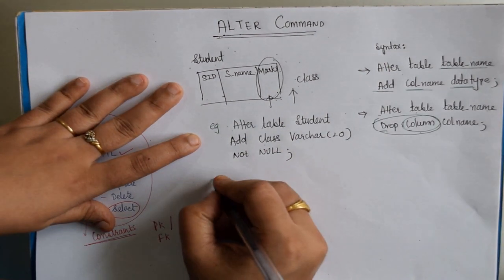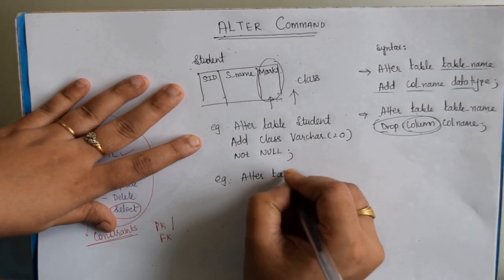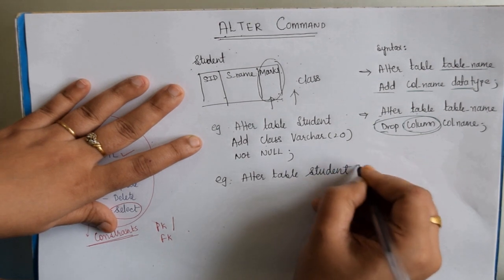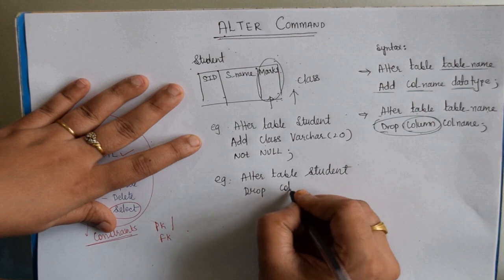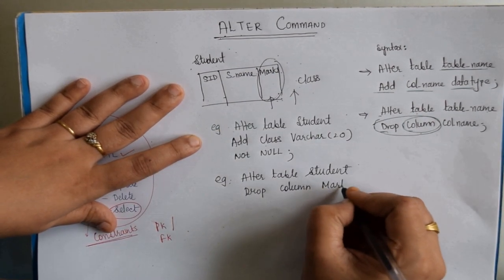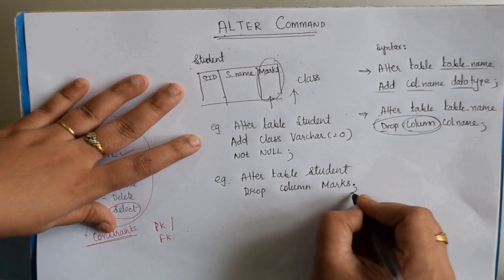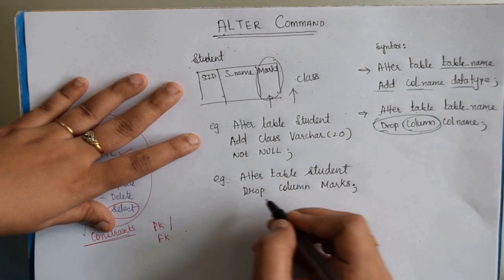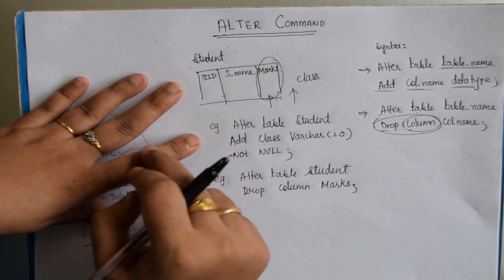So for example alter table, table name is student, drop column, column name is marks. No need to specify data type or constraint anything. Just you have to write the column name. So alter table student, drop column, column name. So in this way you can drop column from an existing table.